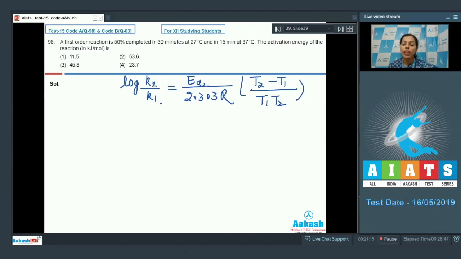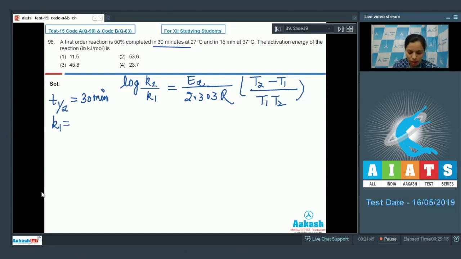Now first of all we need the values of K1 and K2. So here I'm considering that 30 minutes is the time for half completion of the reaction. It means the half life of the reaction is given. For the first case the half life, T half, is 30 minutes.